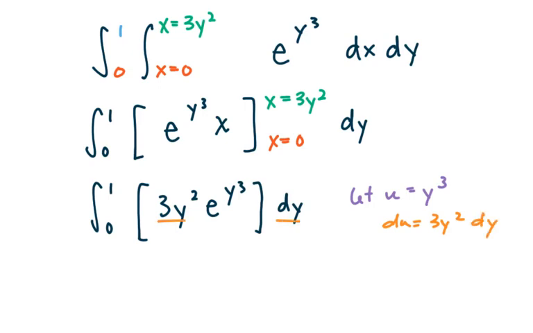So there's my 3y squared dy. I'll let that be du, and I'll change my bounds. Don't forget to change your bounds. It makes your life easier if you do that. So u equals 1 cubed is 1. u equals 0 cubed is 0. So the bounds actually didn't change, even though we performed a calculation. And I have e to the u, where y cubed is my u value, and 3y squared dy is du.